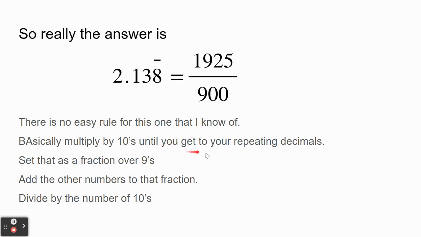There's no real easy way to get here. You're going to multiply by tens till you get just to your repeating decimal. You're going to make that repeating decimal into a fraction. You're going to add the numbers in front to that fraction. Then you're going to divide by the number of tens you originally multiplied by. And that will give you your fraction.